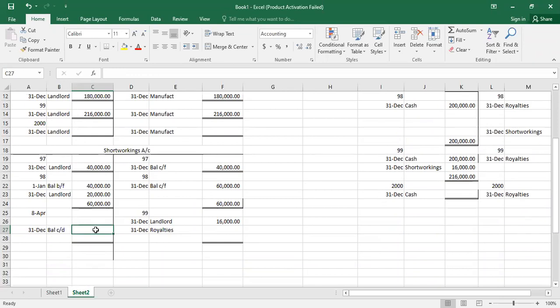60,000. But we are writing off 24,000. So this is 60. So you are writing off 24,000. So what's the difference? The difference is 20. Exactly. So this is what will be going now to the landlord's account, isn't it?